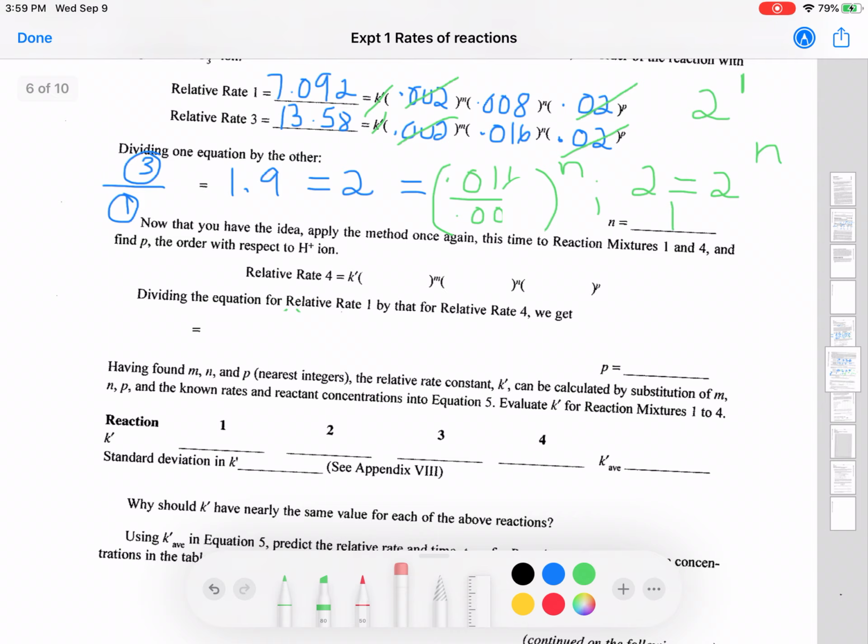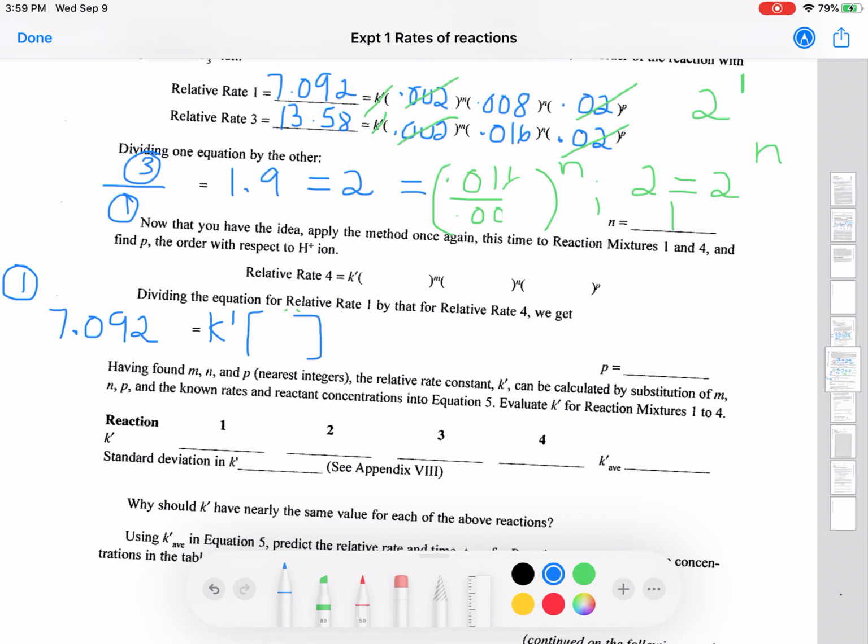So let's do that. I'm going to write it down here. The relative rate for the first one was 7.092, right? I'm using equation 5. So for the first reaction, the relative rate is 7.092, and we don't know K prime. That's what you're going to find out.